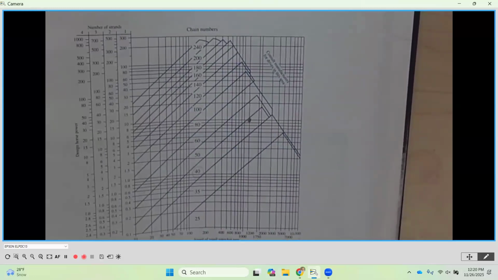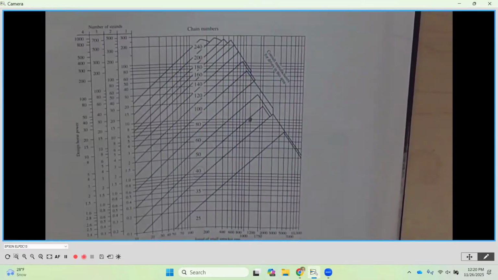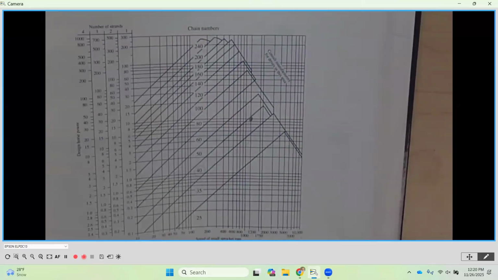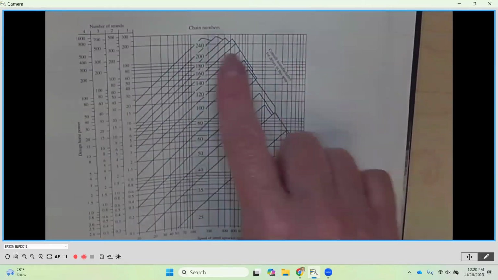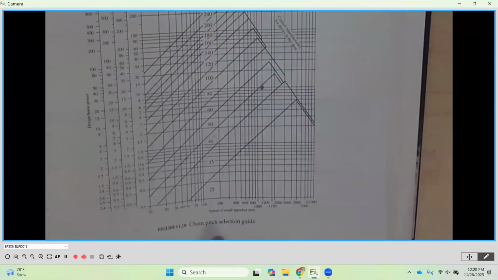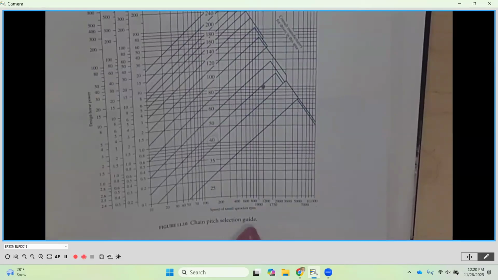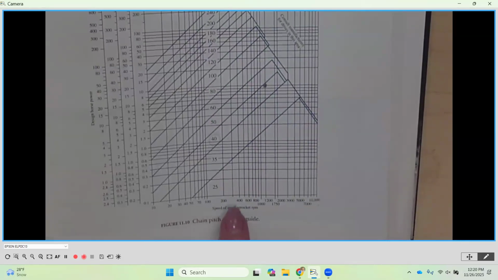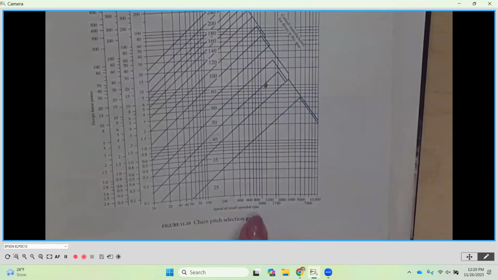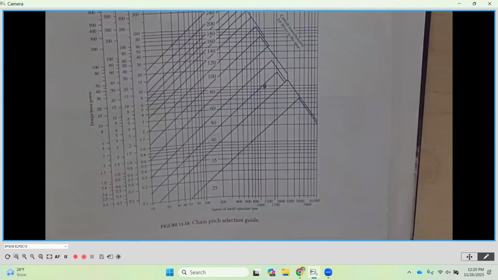So where do we start, and how do we determine what that size of that chain is going to be? It's going to be this chart right here. Now this chart, it says this is the chain pitch selection guide. You're going to notice along the bottom here, this is going to be the speed of the small sprocket in RPMs. Small sprocket is normally going to be that higher speed, that driver sprocket. This is where things are coming into our drive.